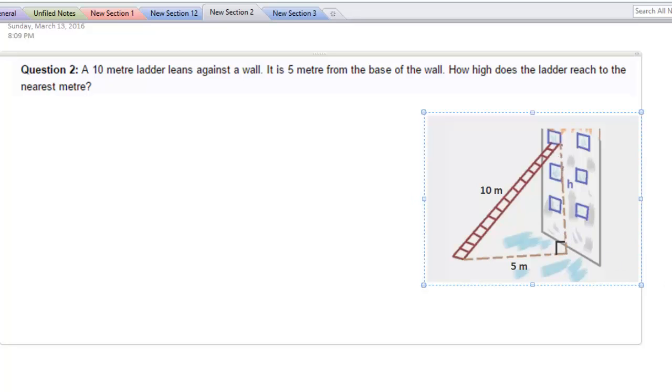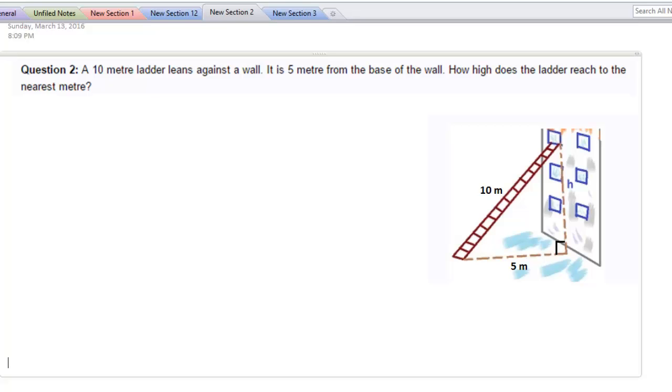So when you have something like that, you think first, do we have a right angle? Do we have a right triangle so we can apply the Pythagorean theorem? As soon as you see the building here and the wall, for sure the wall is making a 90 degree angle with the floor. So this is a case of right angle.